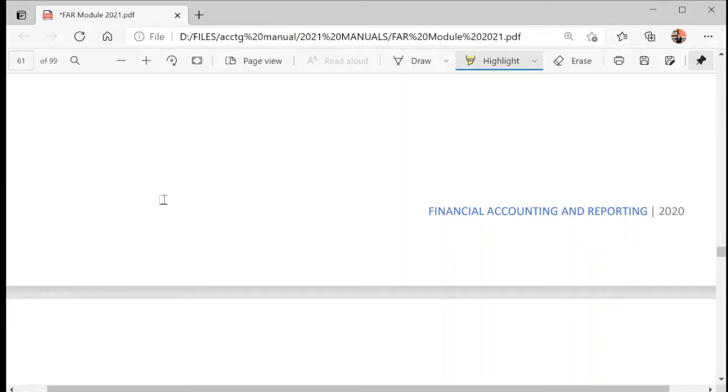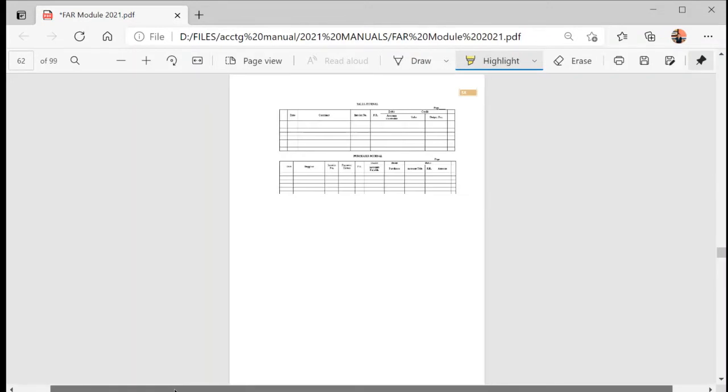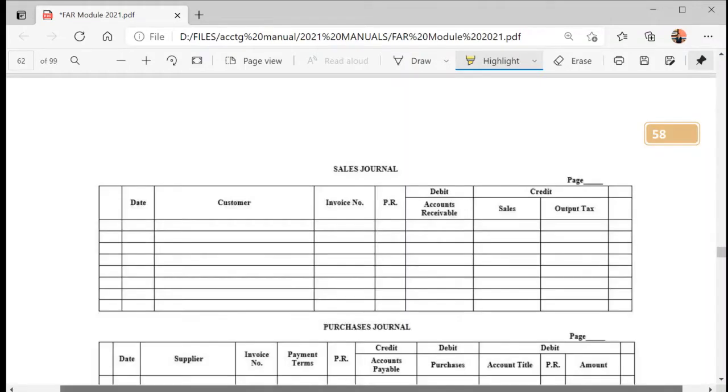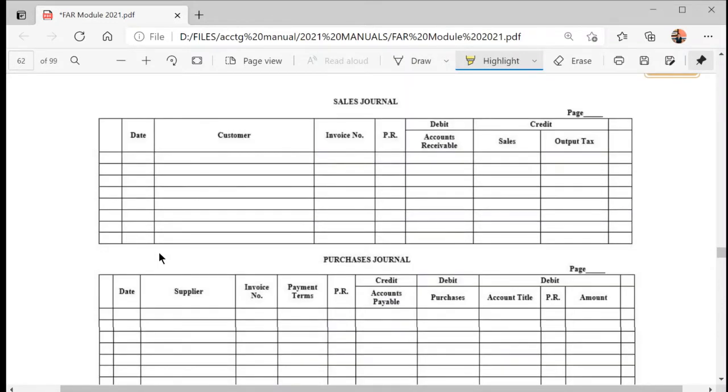They are just examples because companies have their own versions and templates for the special journals, depending on the specific transactions involved in their company. If they have other account titles, they can add them to their journal. The arrangement of columns and the accounts can differ, so long as the idea is followed that a sales journal is for sales on account.